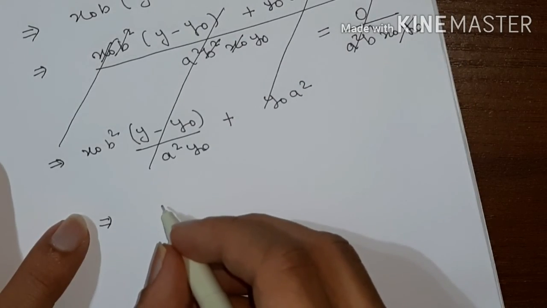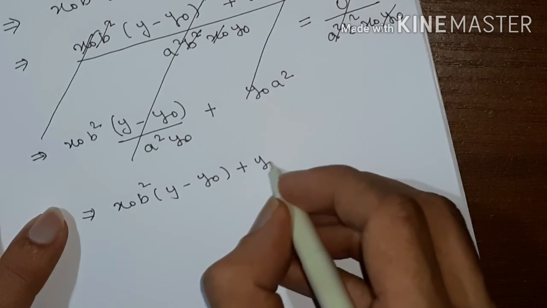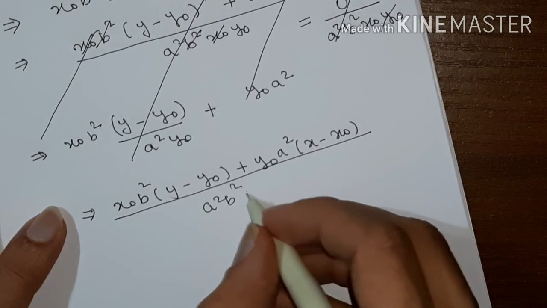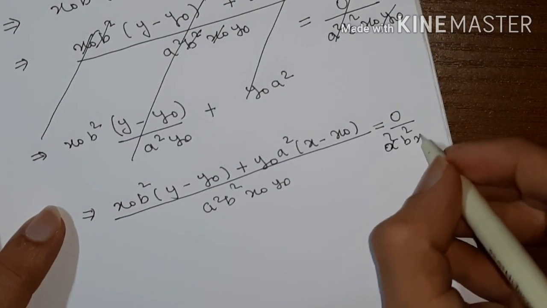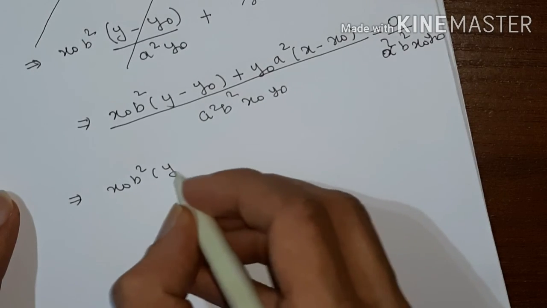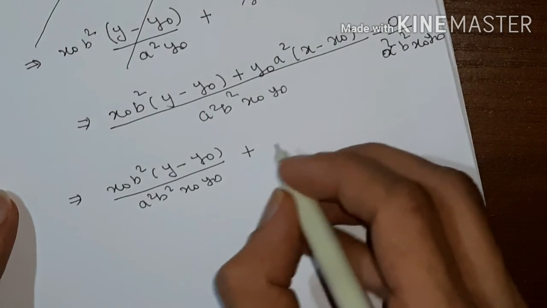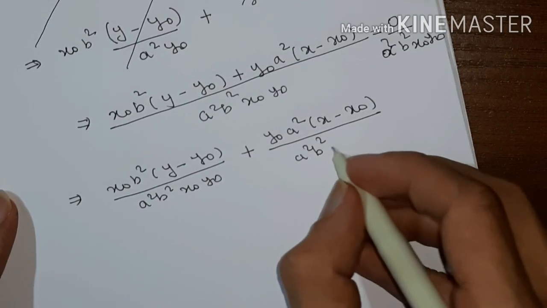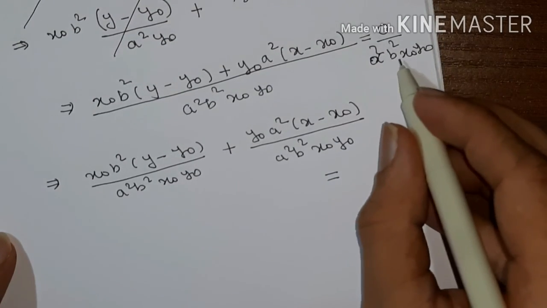So if we divide by a²b²x₀y₀, we get x₀b²(y − y₀) divided by a²b²x₀y₀ plus y₀a²(x − x₀) divided by a²b²x₀y₀ equal to 0 divided by this, which is 0.